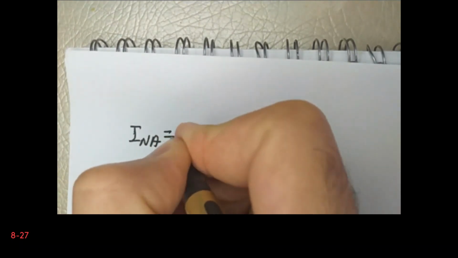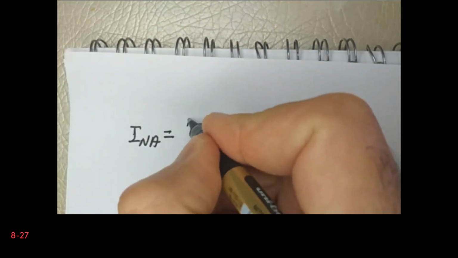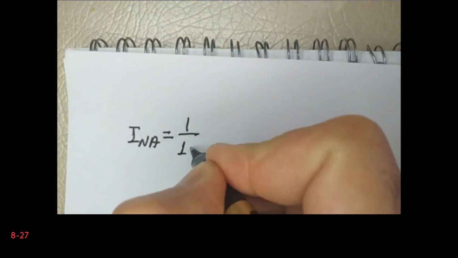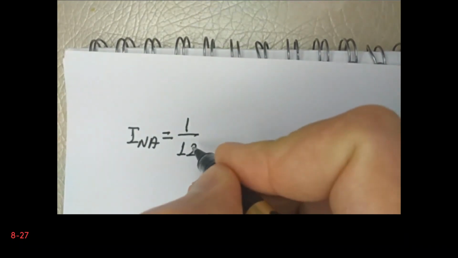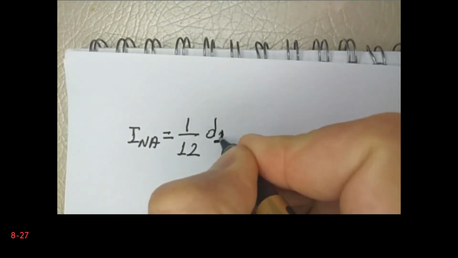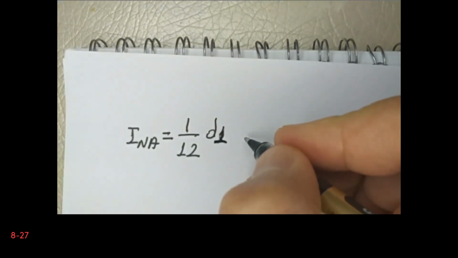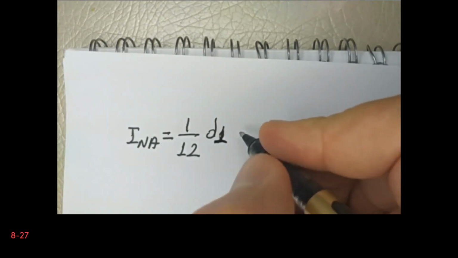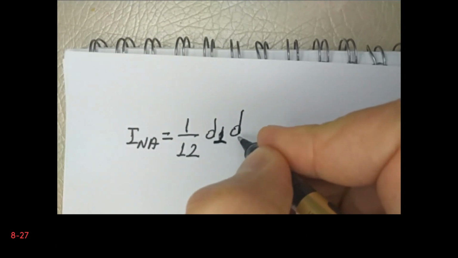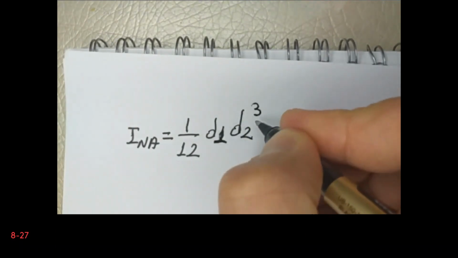First, the vertical one: it is 1/12 d1 multiplied by d2 to the cube. Then we will shift it to the neutral axis.